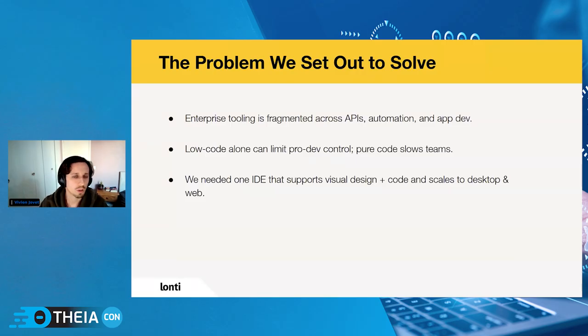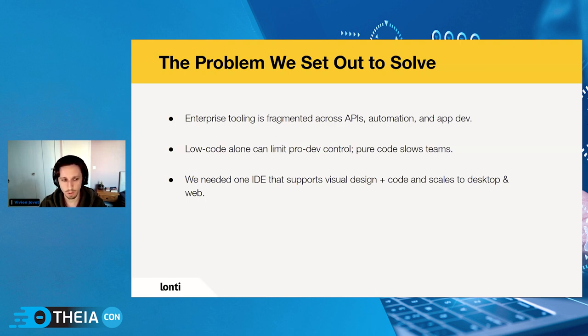Before starting to talk about Martini, I want to quickly talk about the problem we set out to solve when we started the development. First, enterprise tooling is fragmented across APIs, automation, and application development. Low code alone can limit professional developers' control.